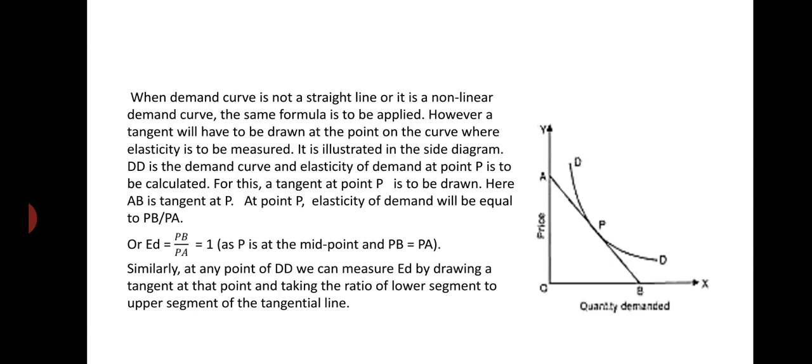You see how to calculate it? By taking the lower segment from the point divided by the upper segment from the point. This is how we can calculate elasticity of demand at different points of linear as well as non-linear demand curves. So this is another method, that is the geometric method.